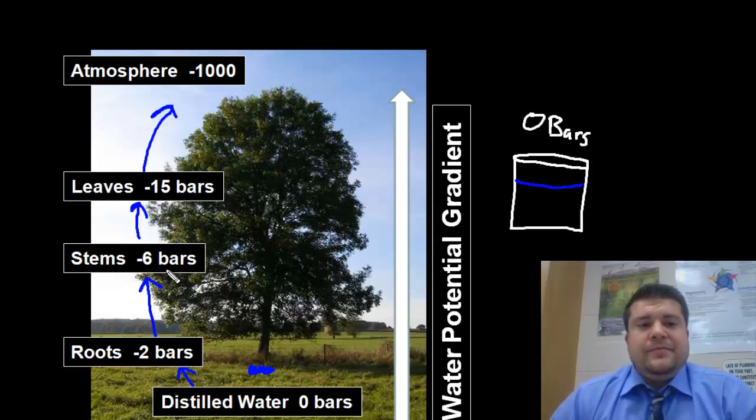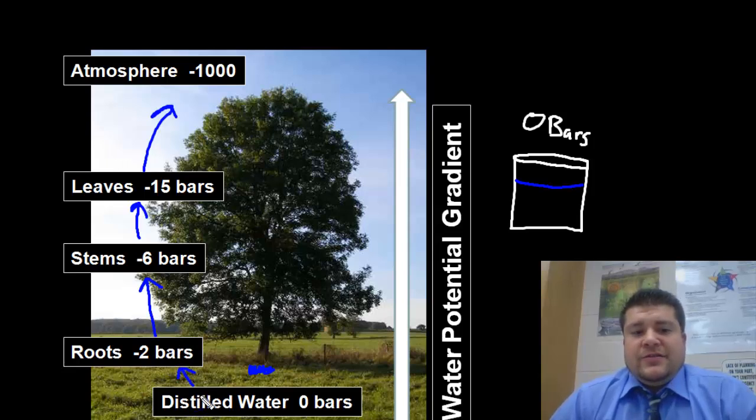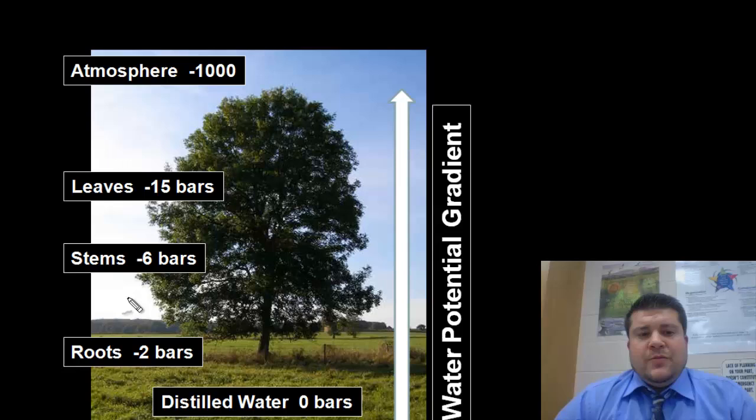And so this will actually move from a high concentration of water to a low concentration of water. So water will actually move from a high concentration of water to a low concentration of water, or from a high water potential to a low water potential.